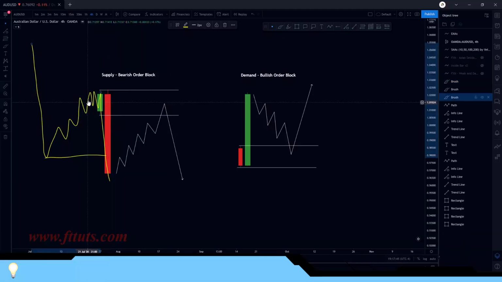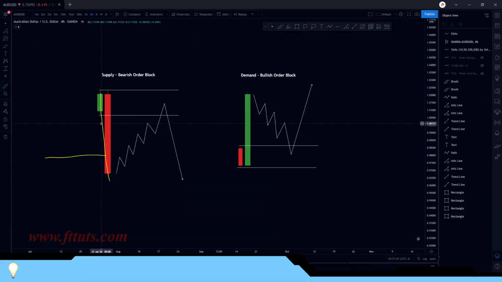Now, to draw an order block, in this case a supply area or a bearish order block, you would draw it based on the last bullish candle before the impulsive move, moving away from that area. The idea behind that is that the institutions that place orders often aren't able to facilitate their full position in one go.